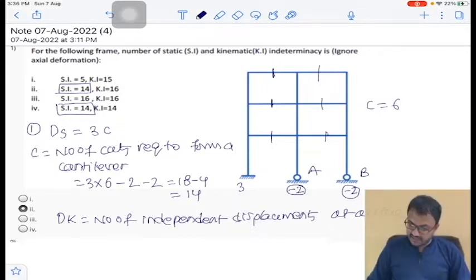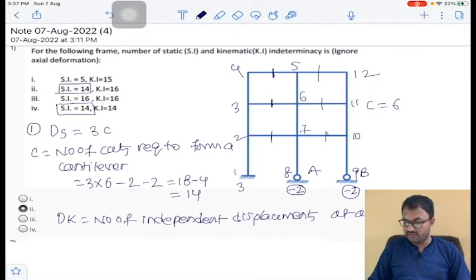Here there are 1 joint, 2, 3, 4, 5, 6, 7, 8, 9, 10, 11, 12. So there are 12 joints. Out of 12 joints, these joints, that is 1, 2, 3, 4, 5, 6, 7, 8, 9, these 9 joints will produce one rotation only, because he mentioned that axial deformations are 0.